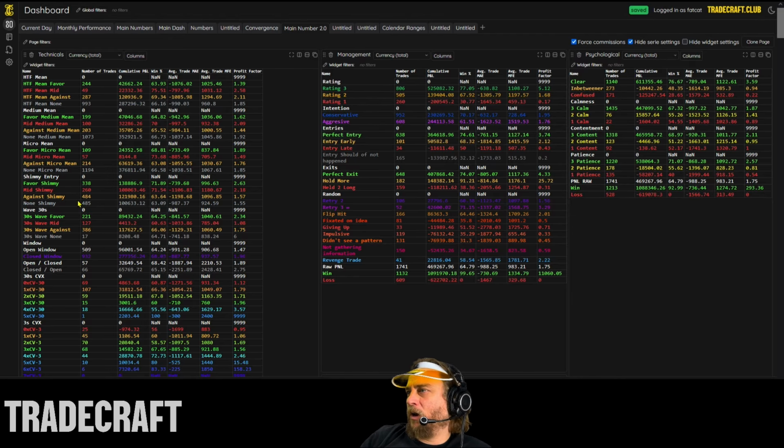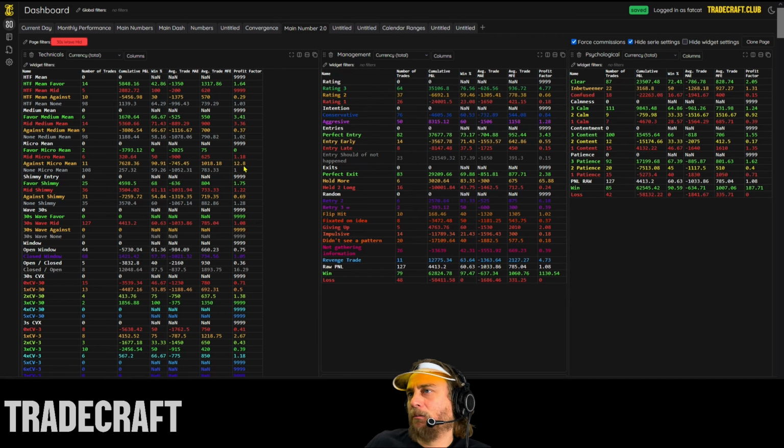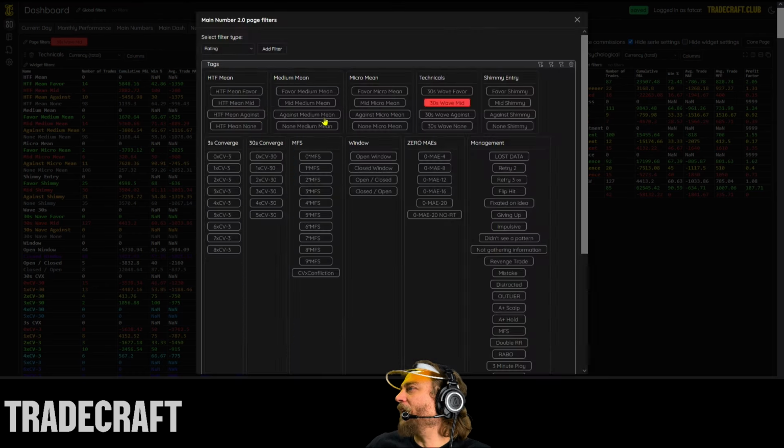There's other weird little nuances like mid-wave. Again, we have the wave, so let's go mid-wave. There's a 12.8 profit factor here, 90% win rate, 11 trades. This is micro range breakouts, so let's go ahead and filter that down further.